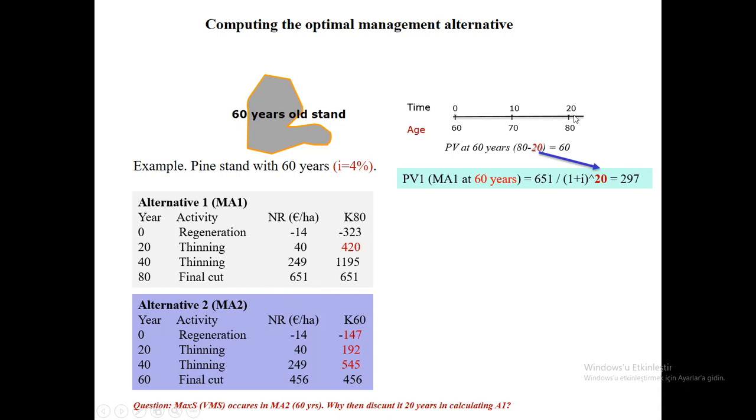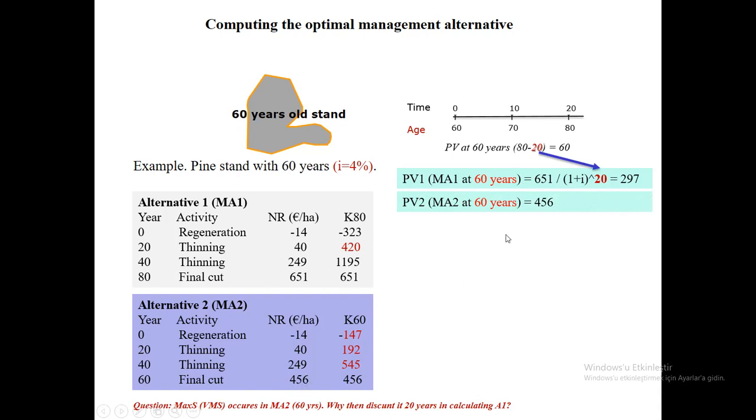There are 20 years that we have to discount it back in order to normalize the two alternatives together. So the present value becomes 297. That is how this is calculated: 651 divided by 1 plus i, which is 4%, to the power of 20, and it becomes 297. For the second option, it's already 456.